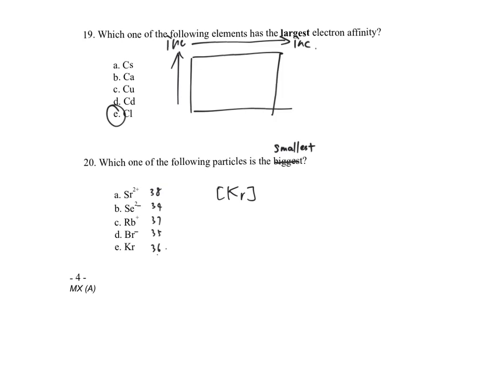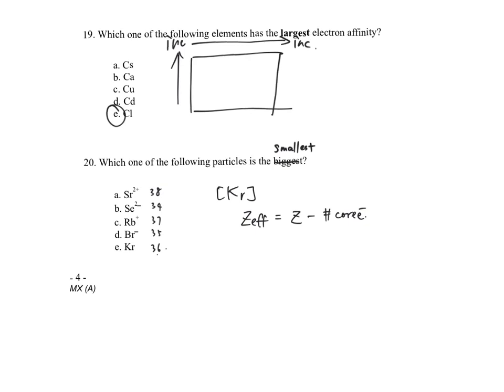And that means they have the same number of core electrons. Why do I mention core electrons? Because we talked about how Zeff is important in determining ion size. Effective nuclear charge equals the actual nuclear charge minus the number of core electrons.